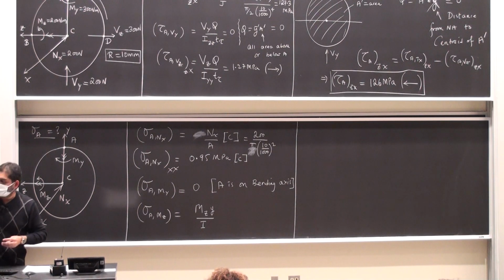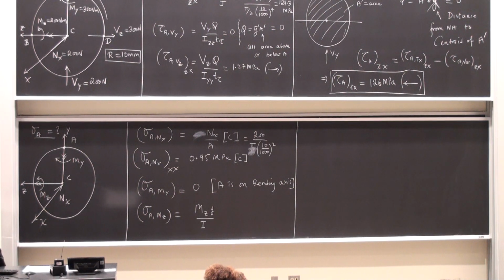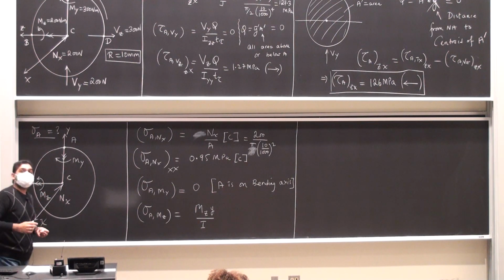So the bending moment axis is to the right, so that if I take this as the plane of the cross section, I am doing the following. So all the fibers to the top are pushed inside, all the fibers at the bottom are pulled out, and this keeps reducing in intensity as I reach the neutral axis. The neutral axis for this bending moment is the z-axis. Any point on the neutral axis will not see a bending stress. So at the point A, the state of stress is going to be compressive.